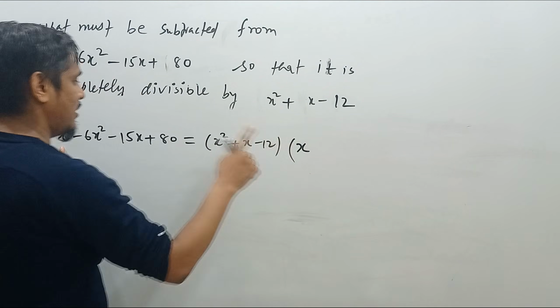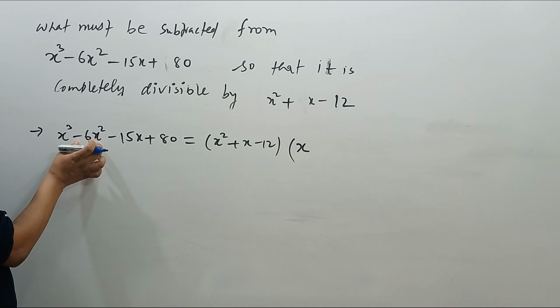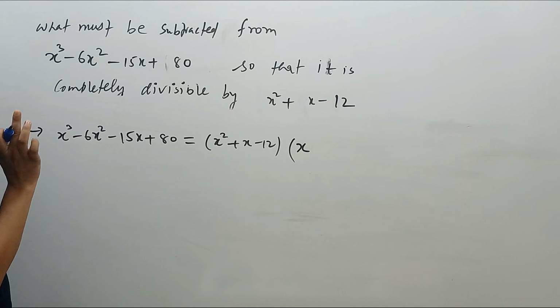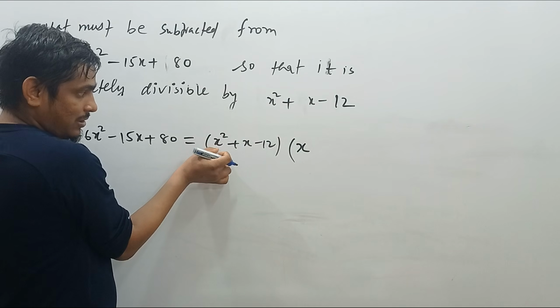X square into x is x cube. Now the x cube term is over. Move to the x square term. We need negative 6x square. Over here x into x is x square, and this term is x square.